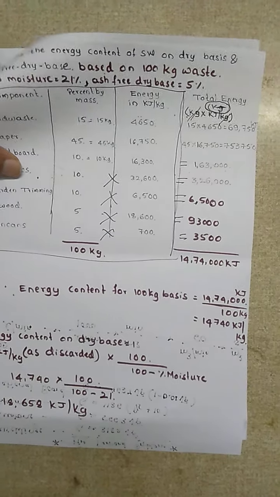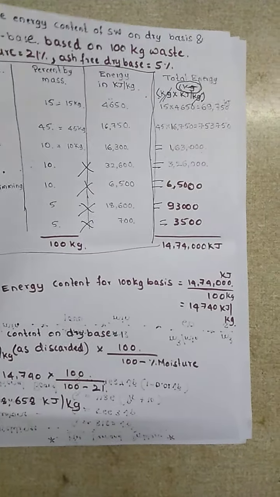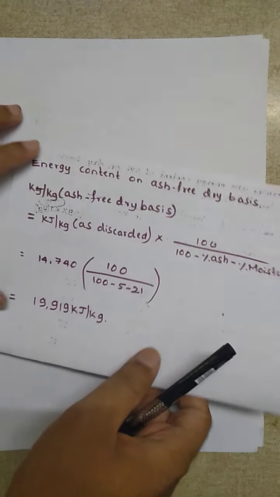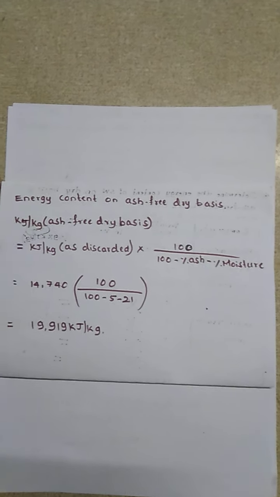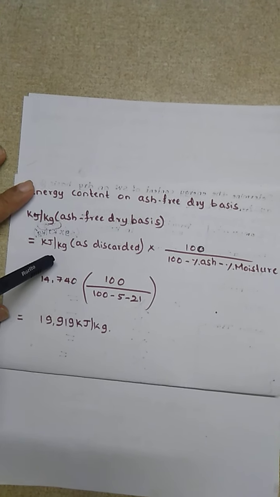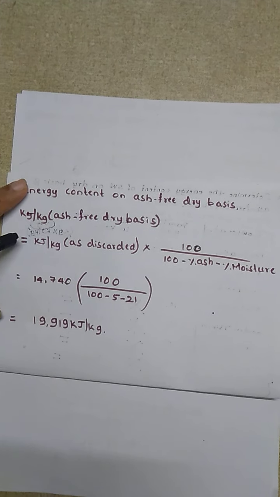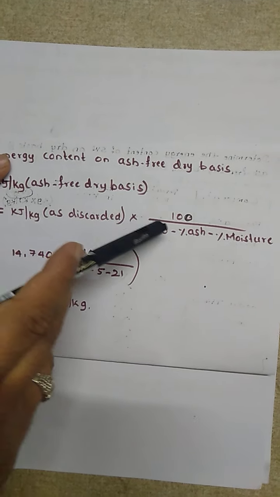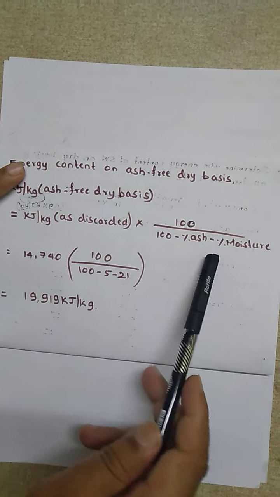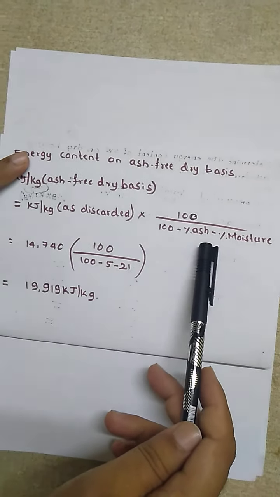Now we need to find out the answer in terms of ash free dry base. For this, we will be using the formula, kilojoule per kg as discarded. That is, per kg how much energy it is going to have. We have calculated it. Then 100 divided by 100 minus ash content, which is given to you, that is 5%.